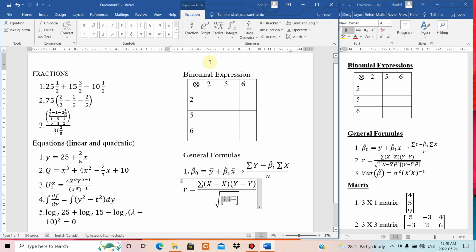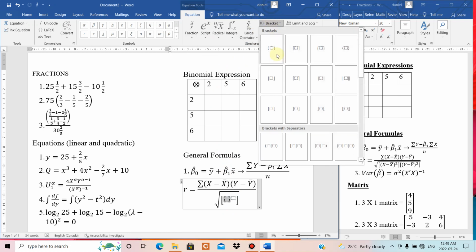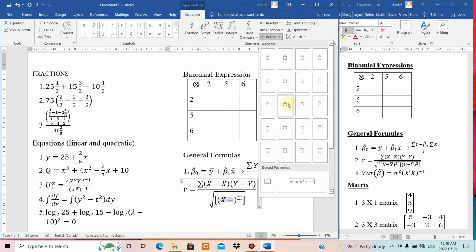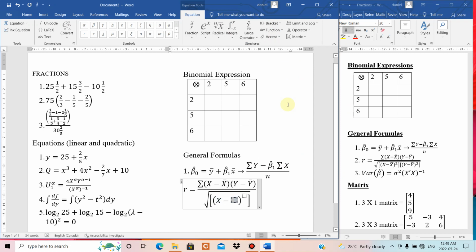So now within this we have another bracket, which is this. So we can type our x minus x bar. X bar has an accent, so x bar all exponent 2. So we are done with the first one. Very simple.